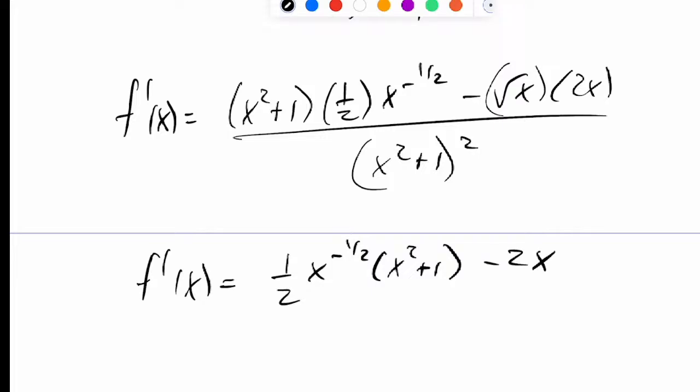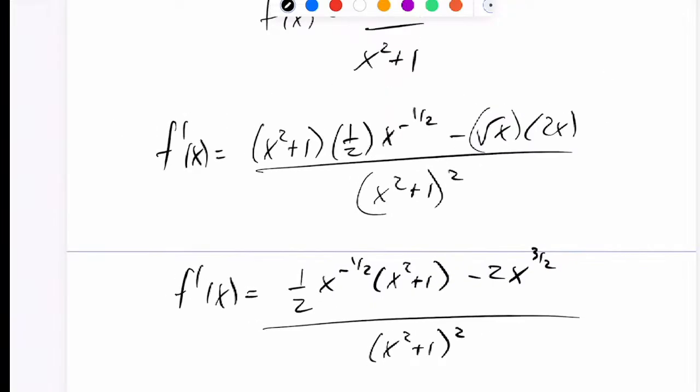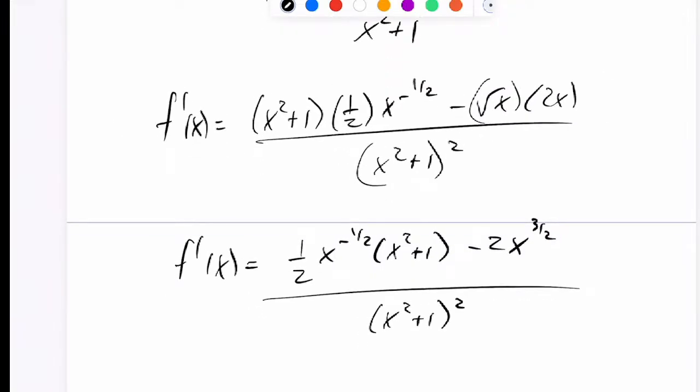This would be minus x to the 3/2 now if I put this together. And this is x squared plus 1 squared. So that would be the first step, is take your derivative using the quotient rule. I would do the quotient rule, and then that's all I did. And I kind of pushed the minus exponent in the front.